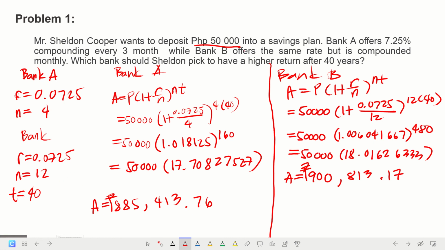So, he must choose Bank B, which is compounding every month, in order to have a higher return. So, this is the value for Bank A and Bank B. So, just write your answer in sentence form as a conclusion to this problem.